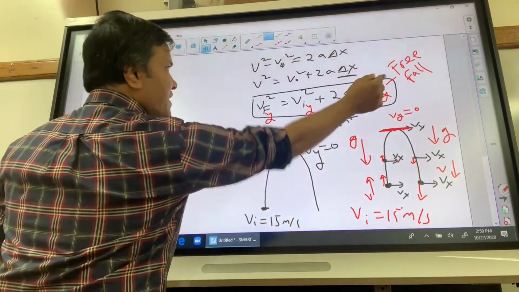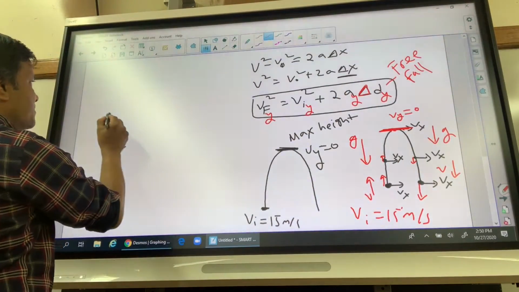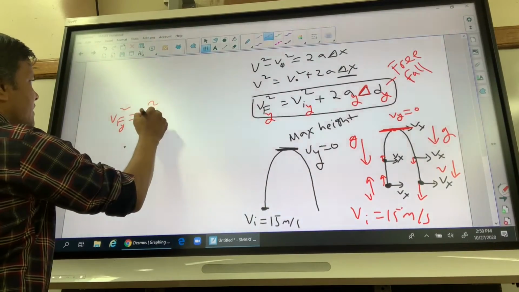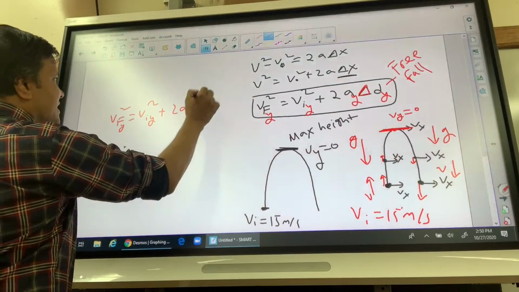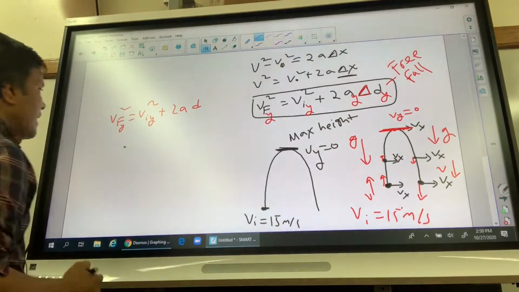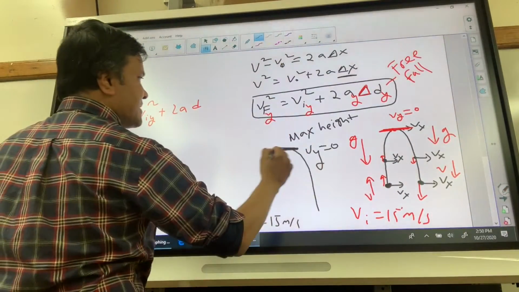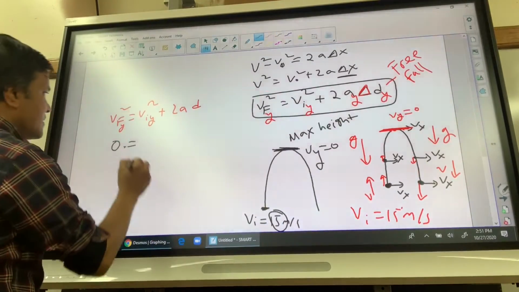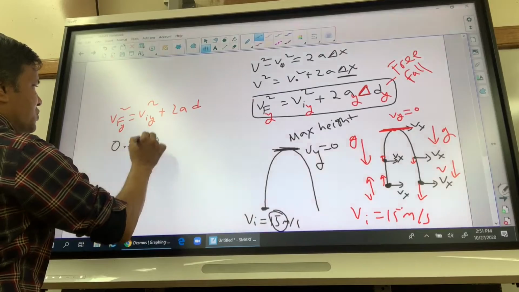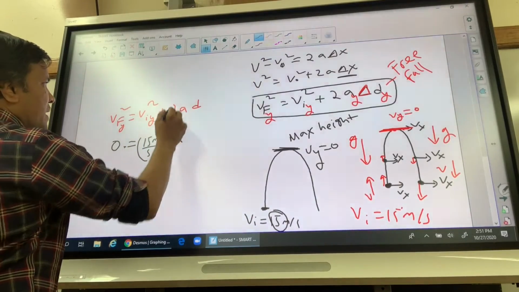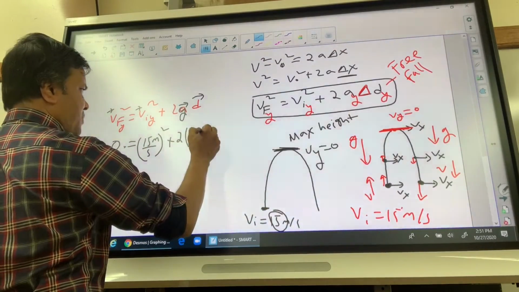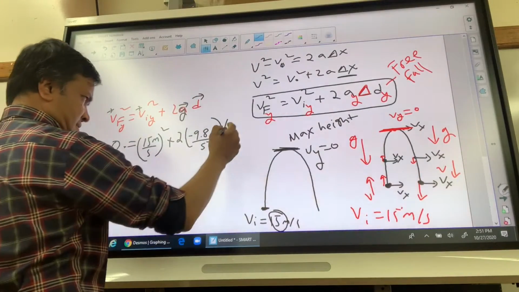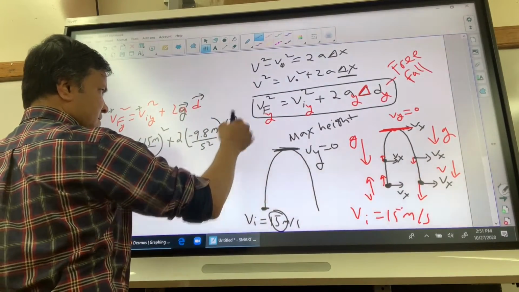Okay, now let's solve the problem. So we made it a free fall equation. Now let's move it here. Vf y squared is equal to Vi y squared plus 2ad. Vf, I said we're going to let be 0, is equal to Vi, which is 15 meters per second, squared, plus 2 times the acceleration due to gravity, 9.8 meters per second squared, and then d is the one we have to find.